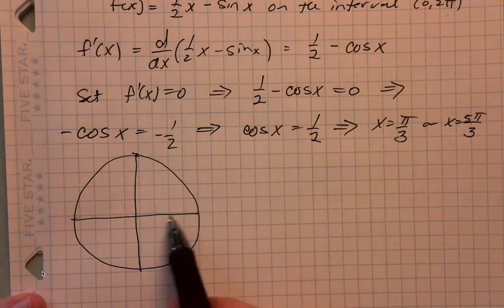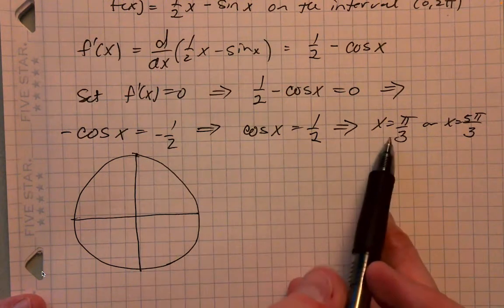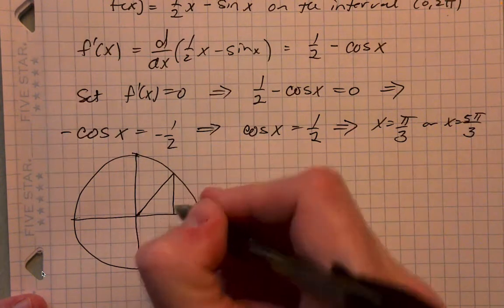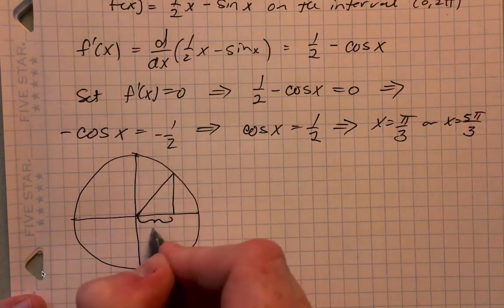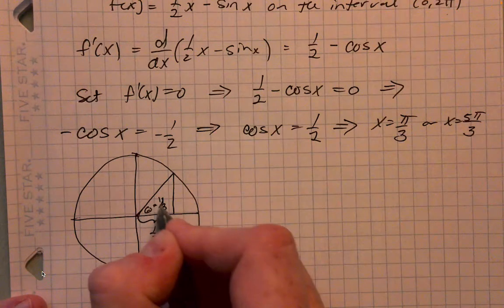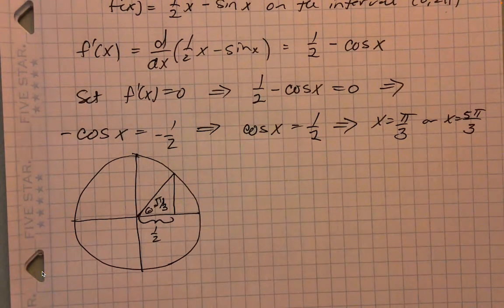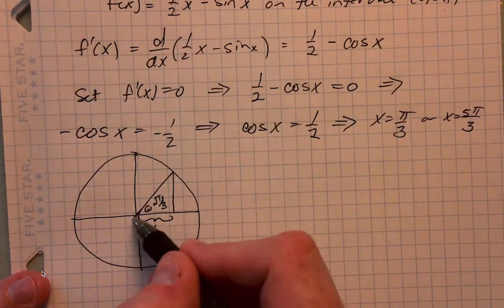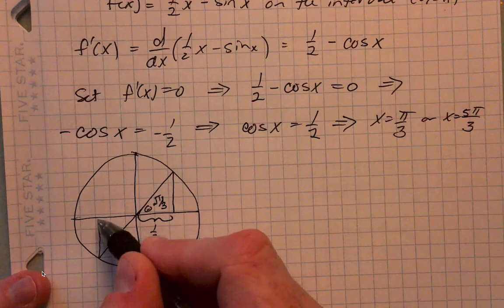But basically what this is going to say is that at pi over 3, which is roughly in the middle here, right, then the cosine is 1/2. Okay, that's pi over 3. And then the other time this happens is over here, right? So it'd be basically the same thing here.